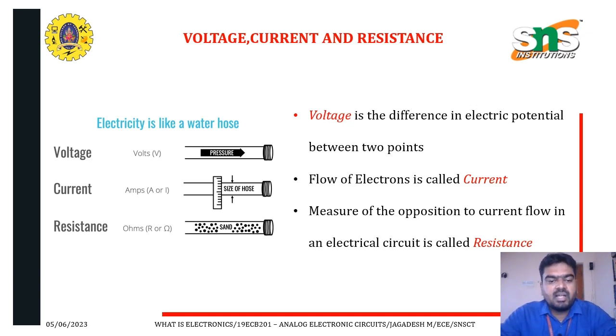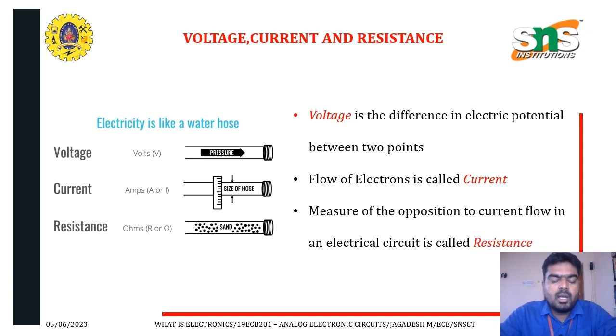That is the current. Resistance is like keeping some sand inside the hose, which resists the flow of water. The sand resists the flow of water. In the same way, the resistance in a conductor resists the flow of electrons, which means it controls the current. This is the simple analogy to understand voltage, current, and resistance.